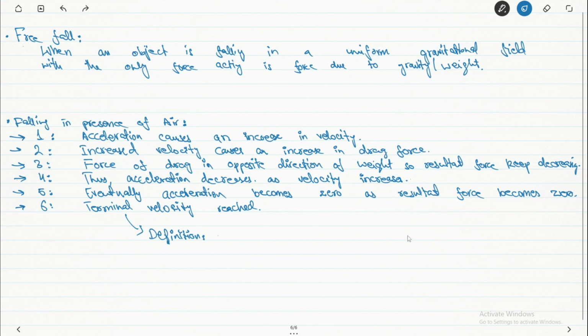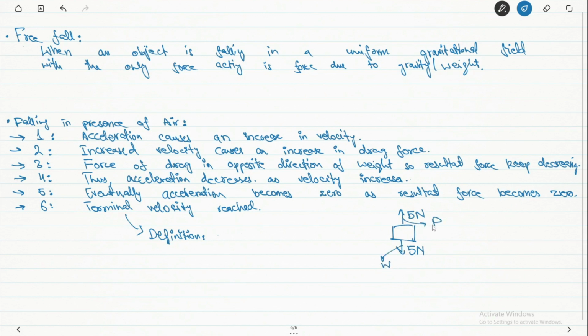Now, what happens is the drag force increases so much, right? For example, this is an object and its weight is 5 Newtons. So the drag force increases so much that it also becomes 5 Newtons as the velocity of this box keeps increasing downwards. So this is drag force, this is weight.